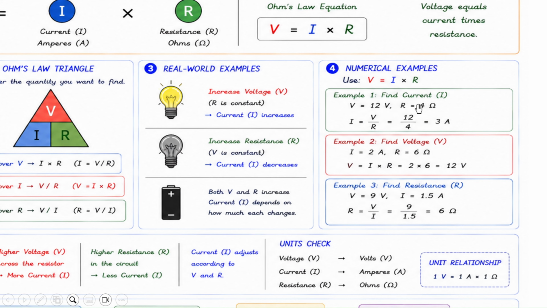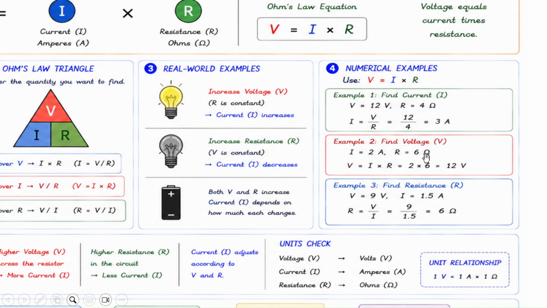In this case, we don't know what I is, but we know that the voltage is 12 volts and the resistance is 4 ohms. So when we plug in the numbers for I, we get 12 over 4, simply 3 amperes.